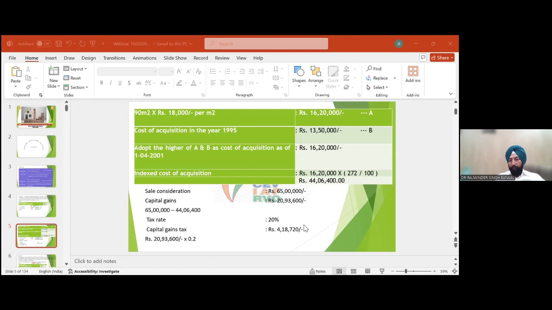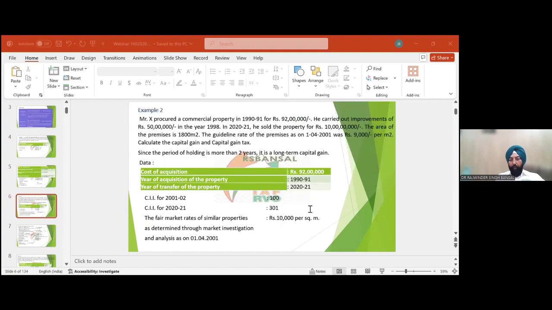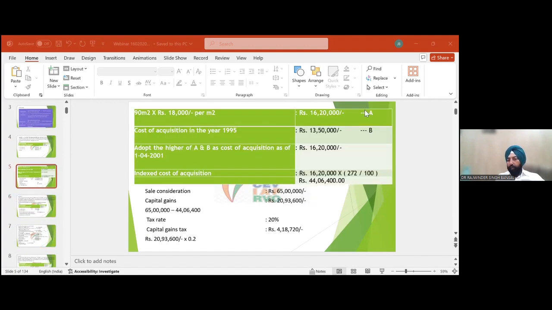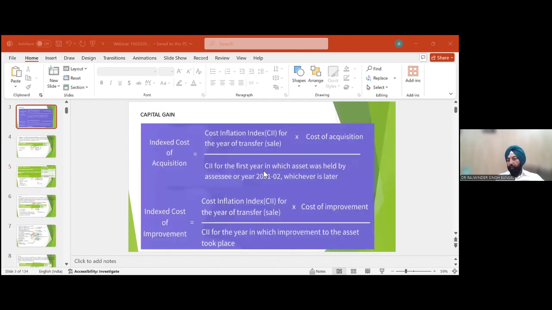Two more things you have to check in this case. First, you have to take the higher of the cost of acquisition and fair market value, that is 16 lakh 20,000. Second, you have to consider this 272. Though the property was acquired in 1995, you have to take whichever year is later, which is 2001.